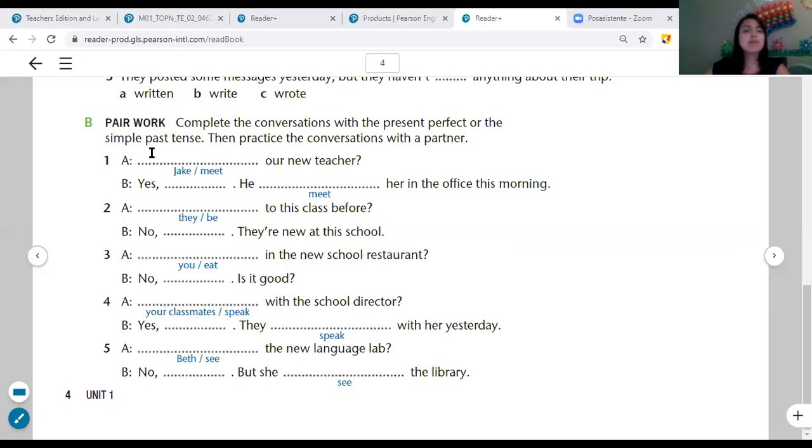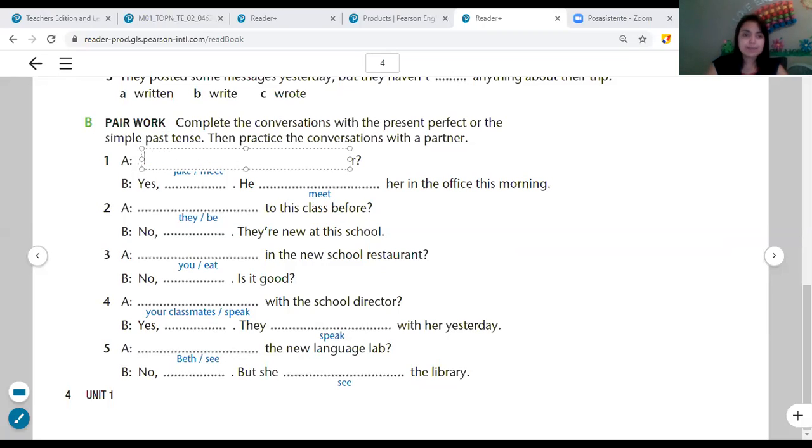And it says number 1, it's a question. And as we can see, this is the present perfect. Why? Because they are talking that Jake met the new teacher, but it doesn't say in a specific time or day or when. So, and it's a question, so we're going to start with has.